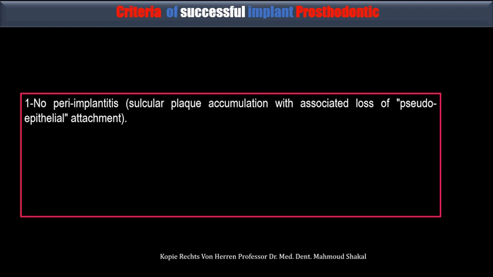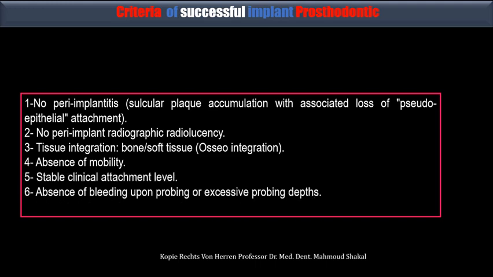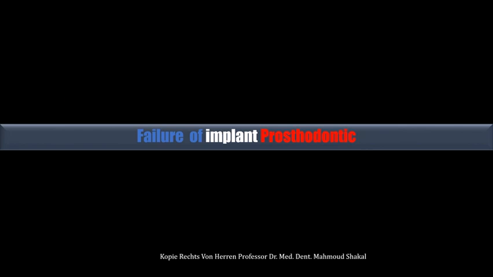First, no peri-implantitis, no circular plaque accumulation with associated loss of epithelial attachment, no peri-implant radiolucency, tissue integration of bone and soft tissue, osseointegration, absence of mobility, stable clinical attachment level, absence of bleeding upon probing or excessive probing depths, and absence of discomfort. This is how we can judge that your implant is successful.